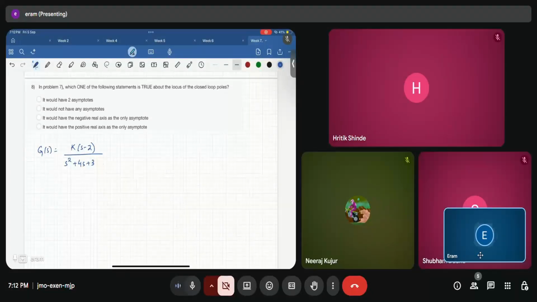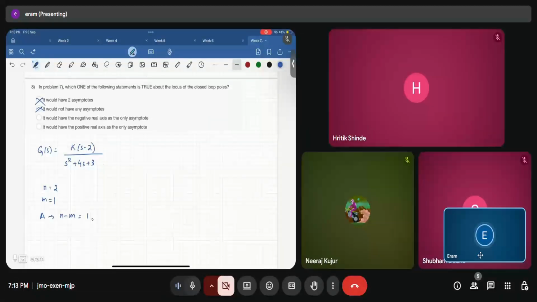One only, because n is 2 and m is 1, so the number of asymptotes is n minus m, which is 1. The first option is not correct because it says it would have 2 asymptotes. What about the other one? It would not have any asymptotes. This is also not correct because at least we have one asymptote. It would have the negative real axis as the only asymptote, and it would have the positive real axis as the only asymptote. Okay, which one is correct?